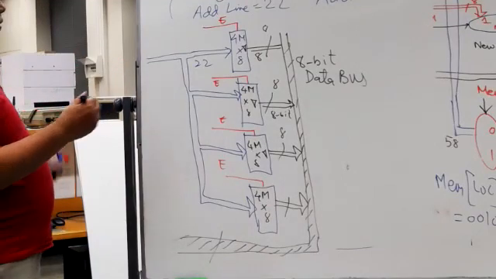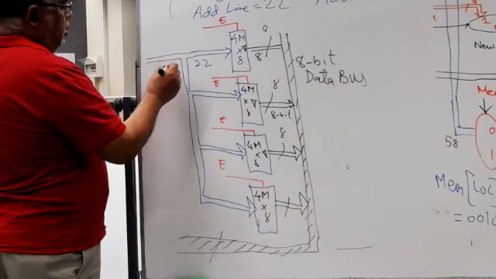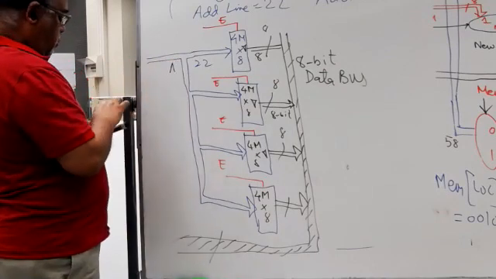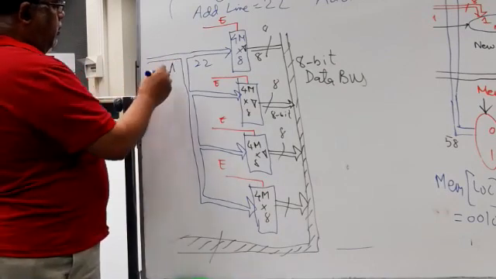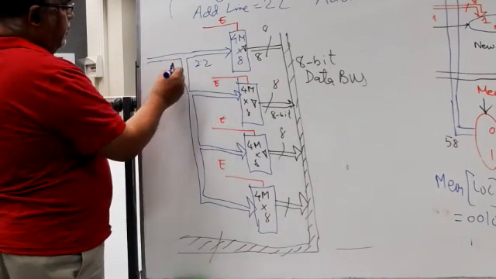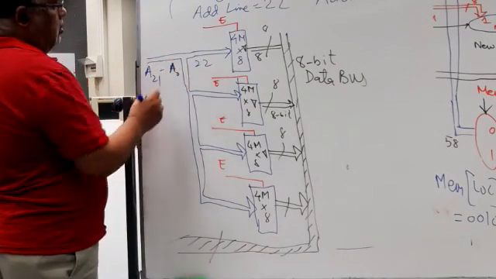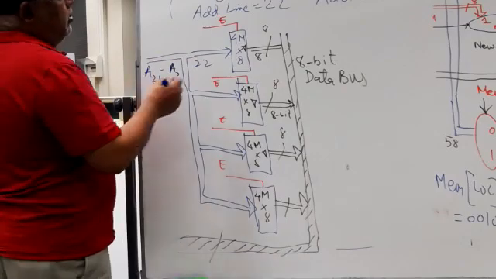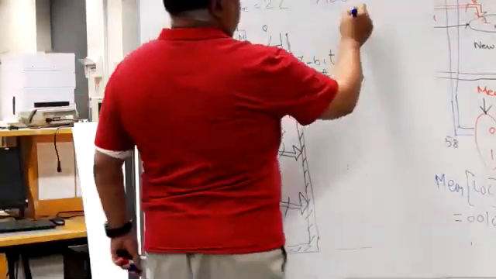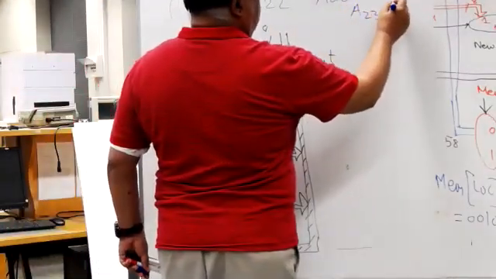Now these lines are A0 to A21, 22 address lines. What happens to address line number 23 and 22?